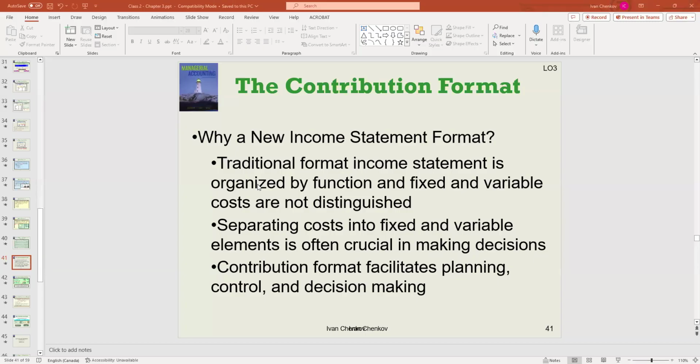Let's move back to the slides and complete those slides for today. So again, the traditional format income statement is organized by function, and we don't look at the cost as fixed or variable, whereas in the contribution format, we're focusing only on how the cost behaves as a variable or fixed cost.